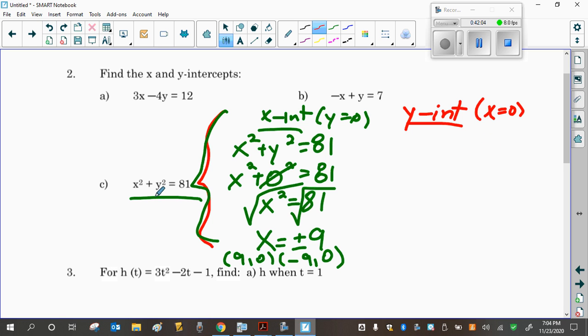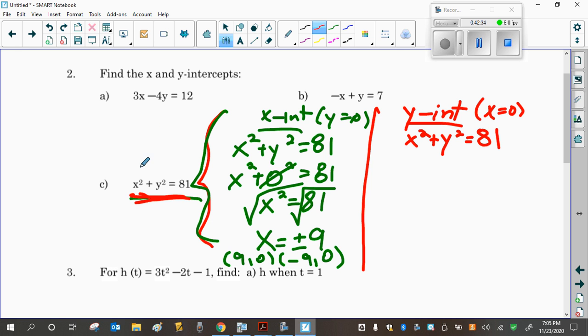Let's continue to use this equation, and if you didn't get this one, then you should definitely get the next one. So go ahead and find the y-intercept of that guy, please. I'll give you 30 seconds to write down both the answers.